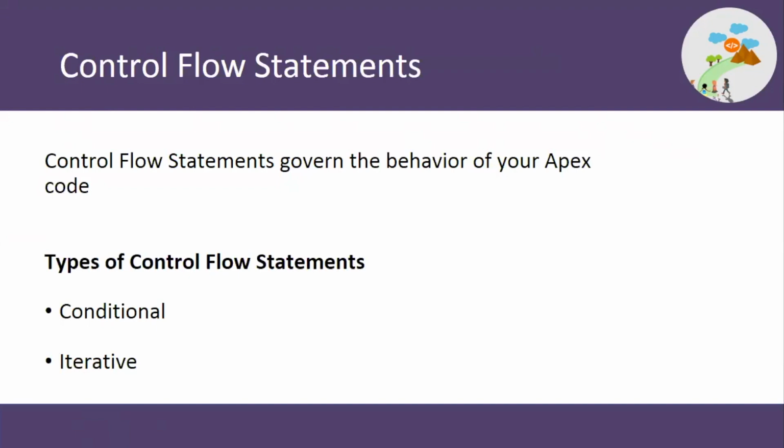There are different types of control flow statements, and we will be going through them in a while. They can be categorized into two basic categories: conditional control flow statements and iterative control flow statements.